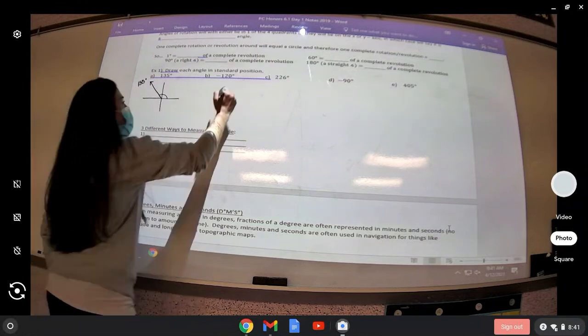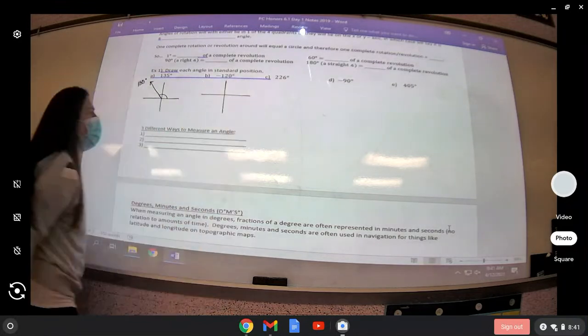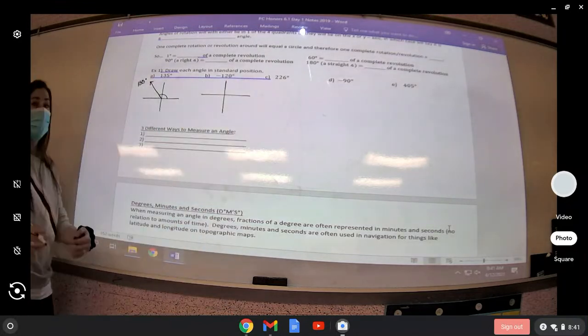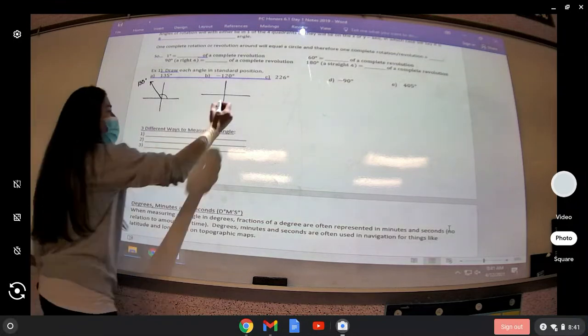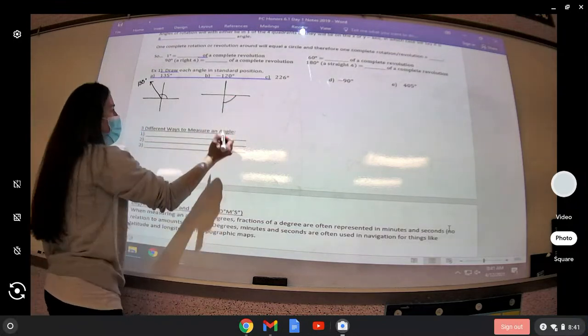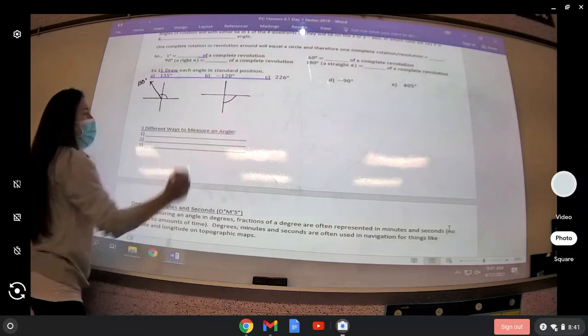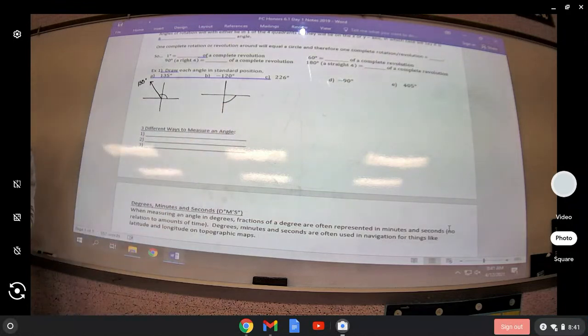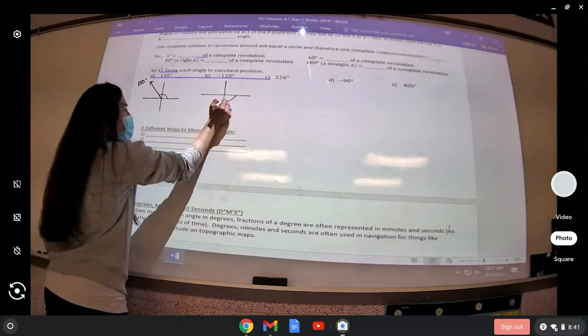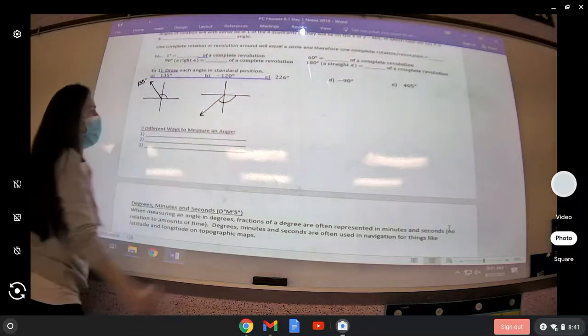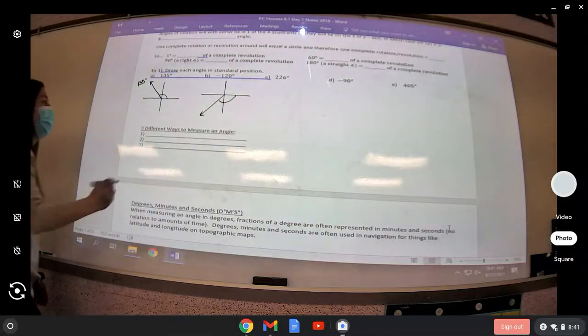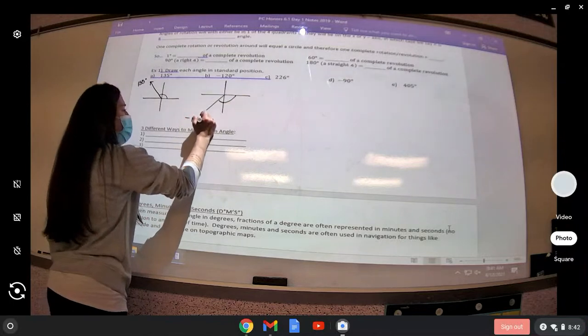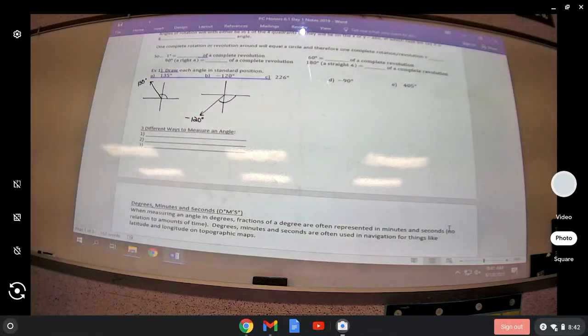All right, where's negative 120? What quadrant is it going to land in? Well, if we want to go negative, we have to go clockwise. So we start at 0, I go to negative 90. If I go all the way to the next quadrant, I'm at negative 180. So I've gone too far. So negative 120 is going to land somewhere in quadrant 3. So as long as you stop your angle somewhere in quadrant 3, you're right.